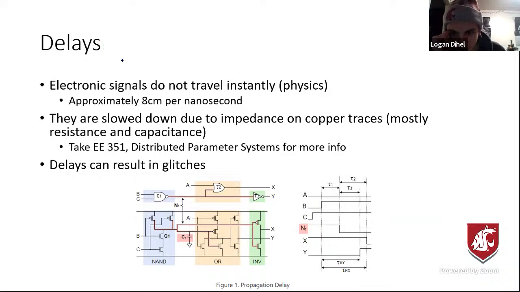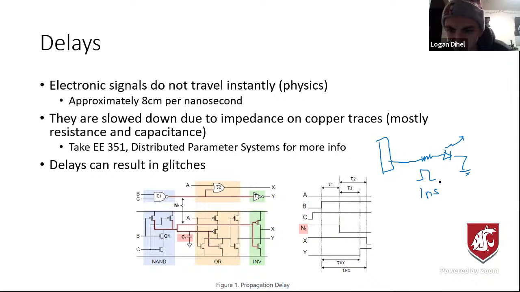Glitches can be either very bad for a system or they won't really matter. Here's an example. Let's say I have this IP block that I made and it's going off to an LED, and that's going to ground. Let's say there's a glitch that's 1 nanosecond long.